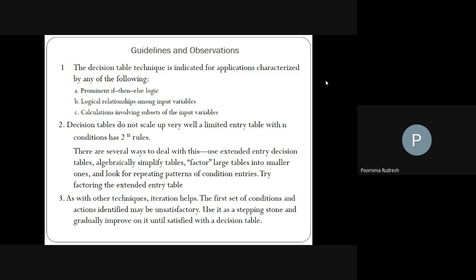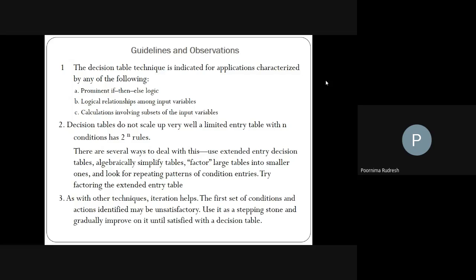It means we can use the decision table technique to construct test cases if the problem is characterized by if-then-else logic or logical relationships among the input variables, and if it involves calculations involving subsets of the input variables.